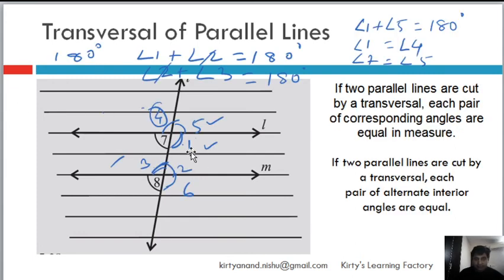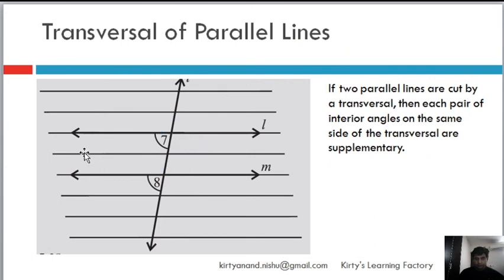Like in this example, angle 7 plus angle 8 is 180. Okay, angle 1 plus angle 6 is 180, right?